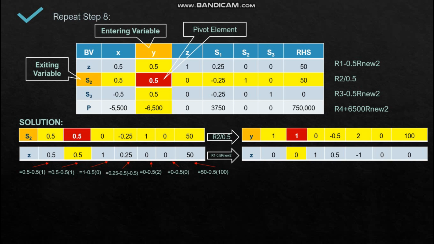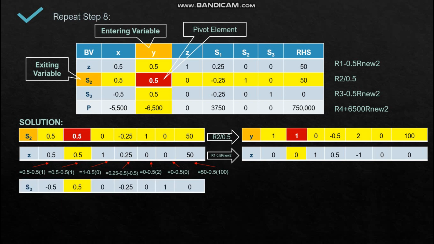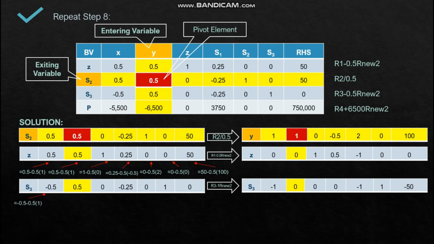Then 1 minus 0.5 times 0 is equal to 1. 0.25 minus 0.5 times negative 0.5 is equal to 0.5. Then 0 minus 0.5 times 2 is equal to negative 1. And 0 minus 0.5 times 0 is equal to 0. Then 50 minus 0.5 times 100, we have 0.